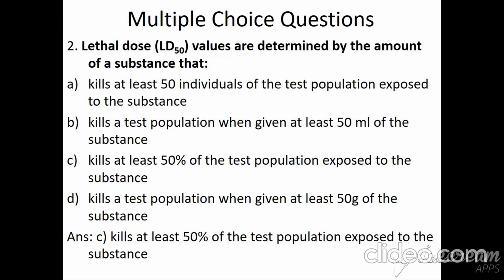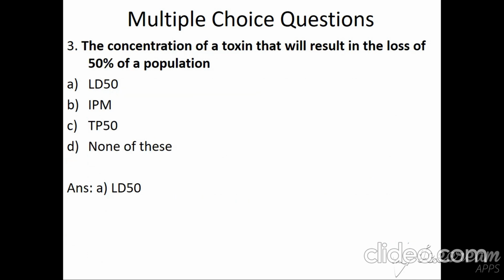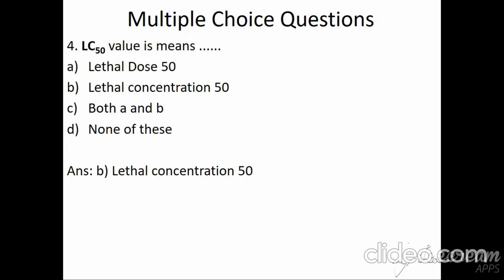The correct answer is C, that it kills at least 50% of the test population exposed to the substance. The concentration of toxin that will result in the loss of 50% of a population is called LD50, IPM, TP50, none of these. The correct answer is LD50.